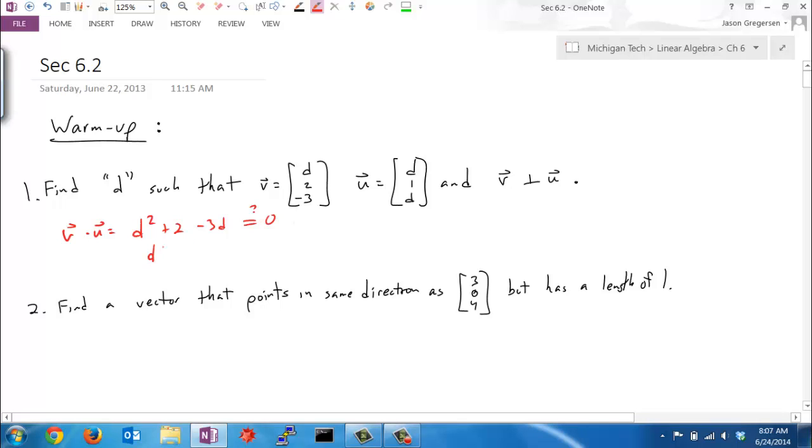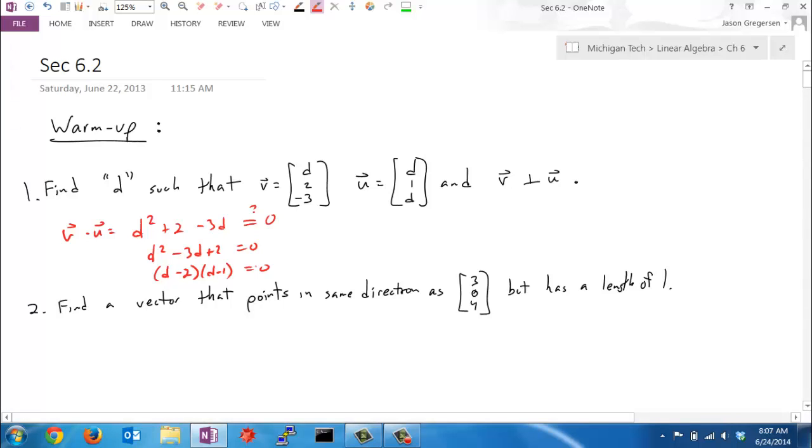So I'll reorganize this to be D squared minus 3D plus 2 is equal to 0. And we'll see if we can find some roots. It looks like I should say D minus 2 and D minus 1 equals 0. It should be right? We can double check by multiplying it back out.